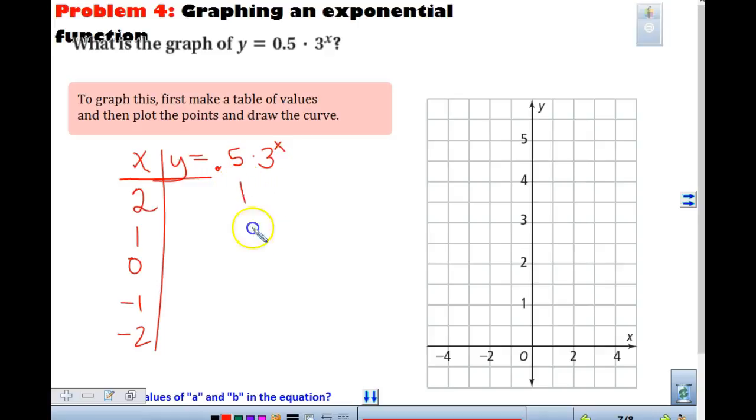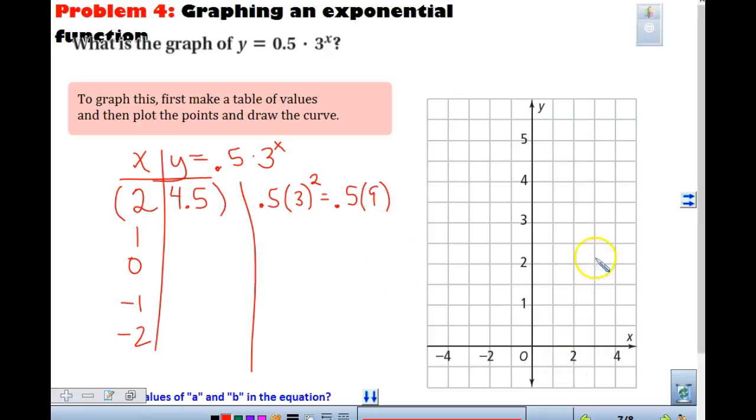So if you need to show your work, you might want to show your work back here, and this is putting in 0.5 times 3 to the second power, which really means I'm going to take a half times 9. Half of 9 is 4.5. This is an ordered pair, 2, 4.5.